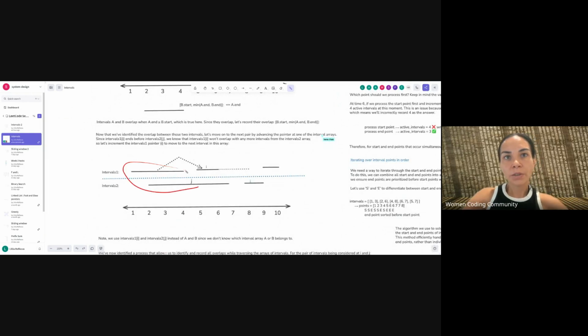We found that those two intervals are actually overlapping. They are overlapping here and here, right? We process them. Now we put into our output solution 2 and 4, and now we need to move further in order to compare other intervals, whether there is an intersection.